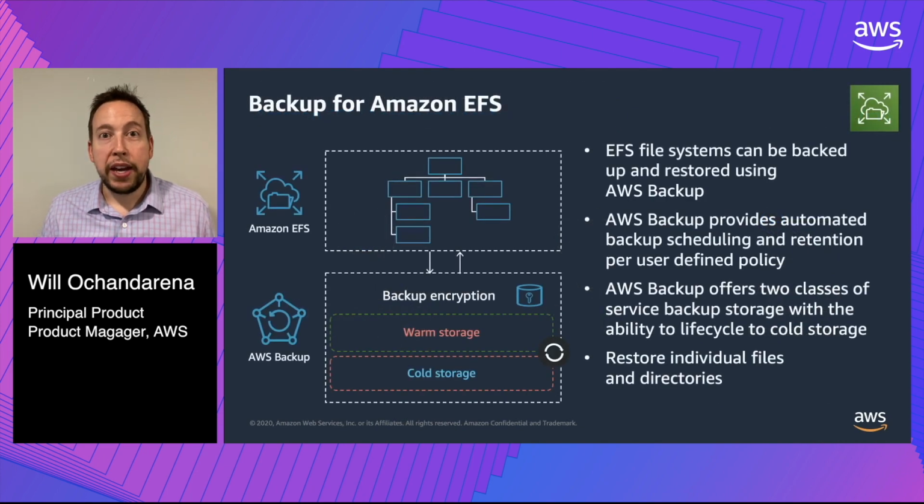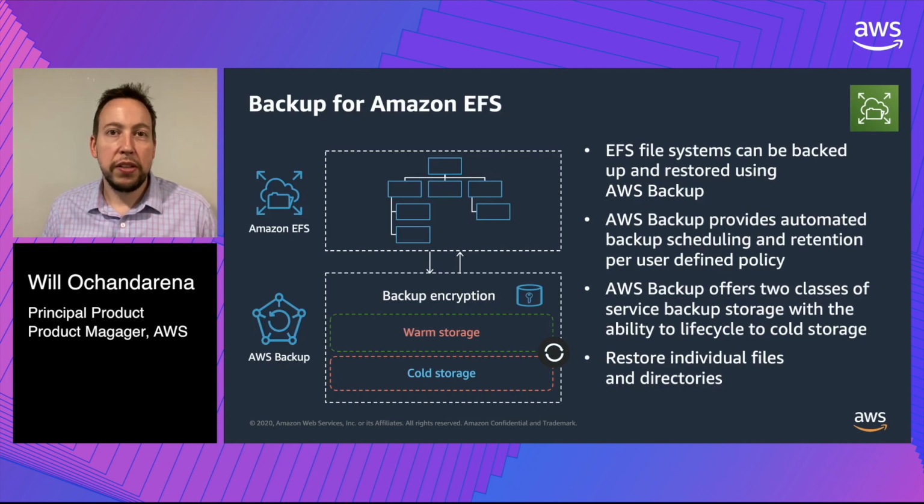Next, let's talk about backups. So nobody wants to be in a position where they launch a new container and that container goes into their existing file system and deletes a file that it shouldn't. A really easy way to avoid this is by using the AWS service AWS Backup. With AWS Backup, you can simply configure a backup policy that can apply to one or many file systems.